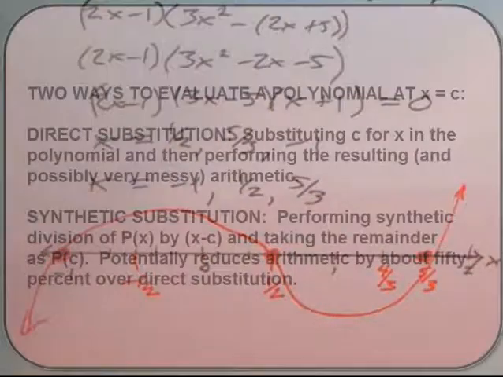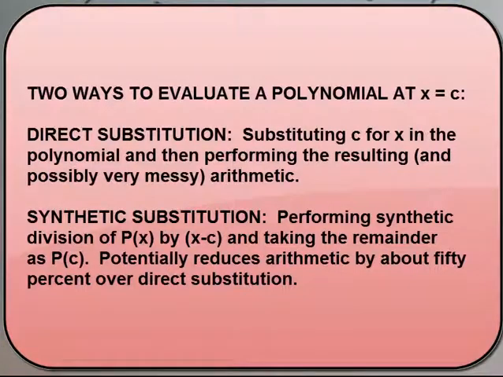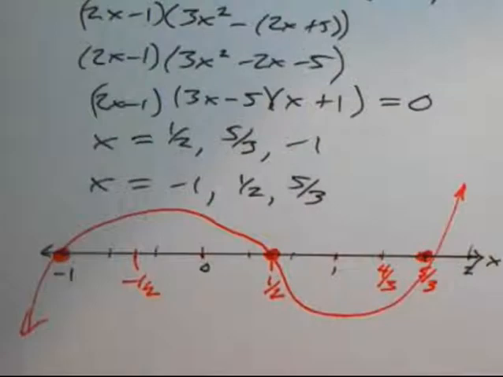There's two choices for that, right? One is direct substitution. The second is synthetic substitution. If it's going to be a bit complicated, I tend to go to synthetic substitution. If it's really trivial, I'll usually use direct substitution.